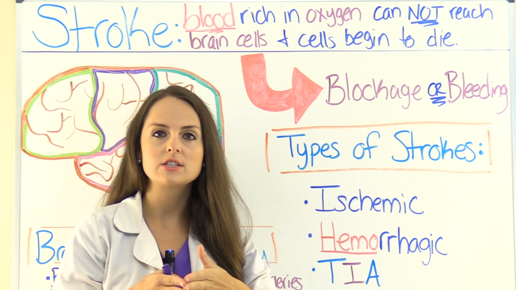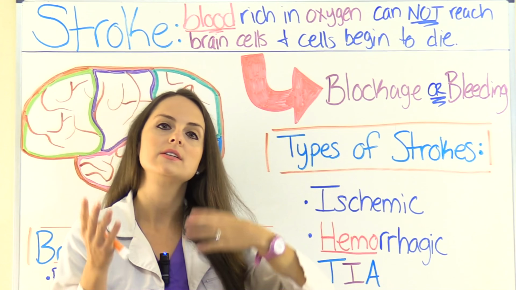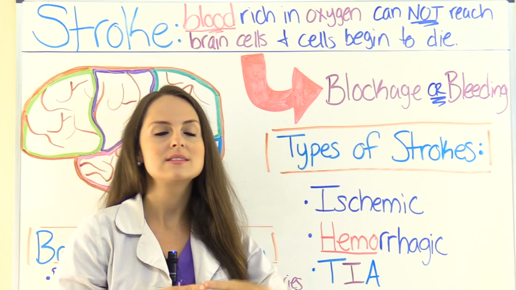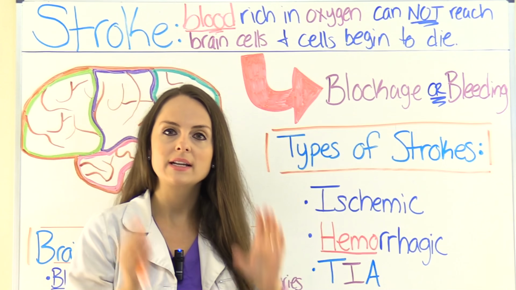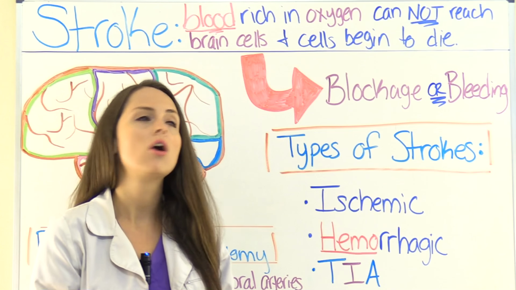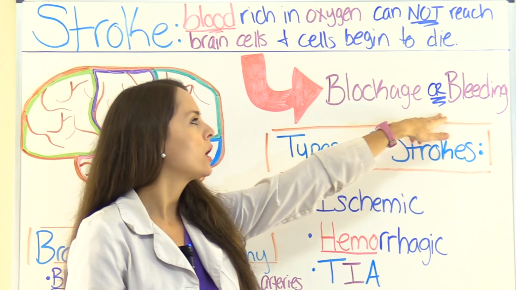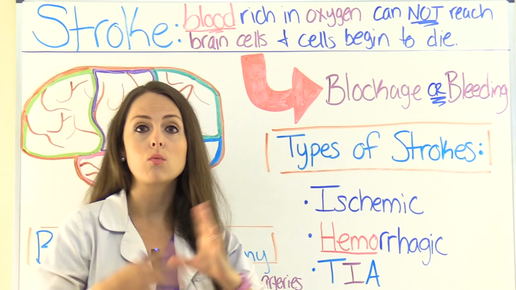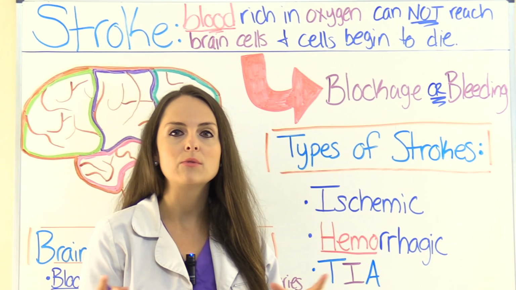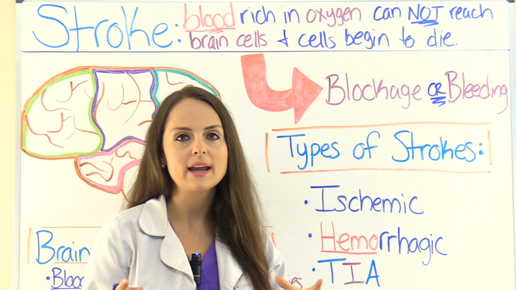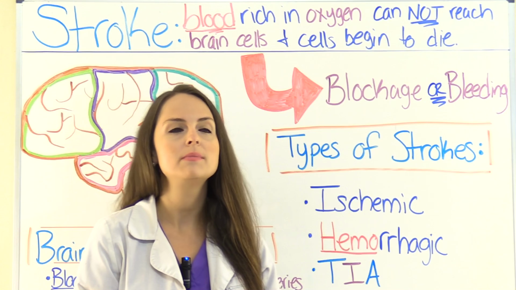You can get a blockage, and that will stop blood flow from going to that part of the brain. And if it's stopped so long, that brain tissue can die, leading to severe consequences. Or that blood vessel can rupture, leading to bleeding, where all the blood's being spilled inside the brain instead of going to the tissue where it should be.